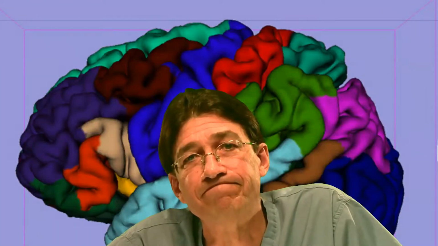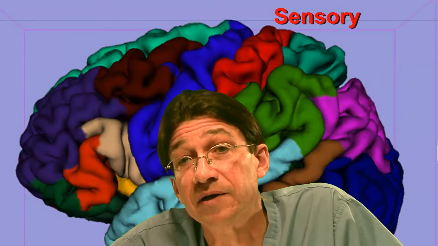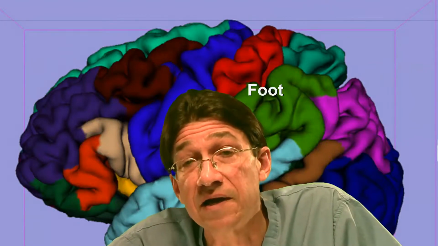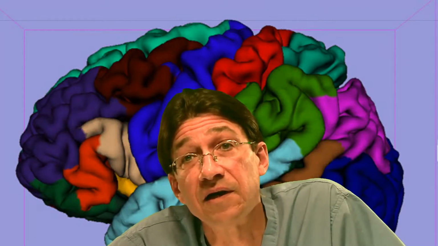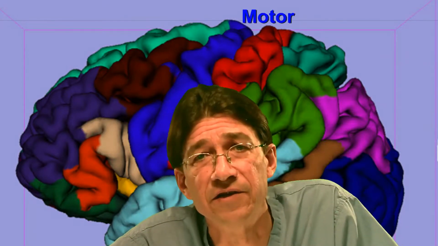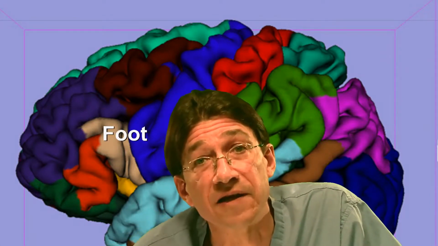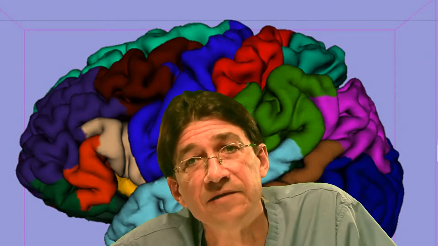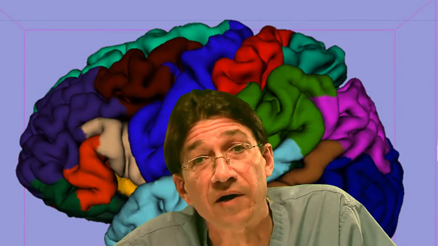So, for example, you move the electrode towards a certain section of the brain, say the sensory strip at the bottom where the foot is, and the person will say that they feel some sensation from their foot, or conversely, in the corresponding part of the adjacent motor strip, their foot flies through the air when it's stimulated, and that's the motor section for the foot part of your body.